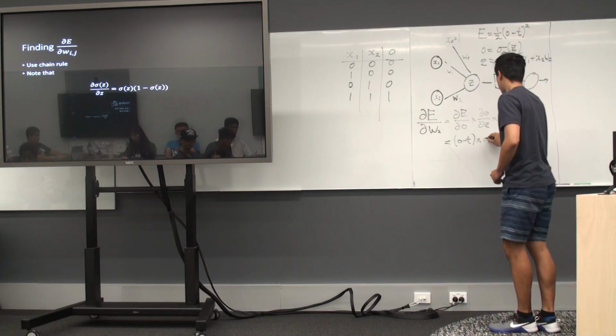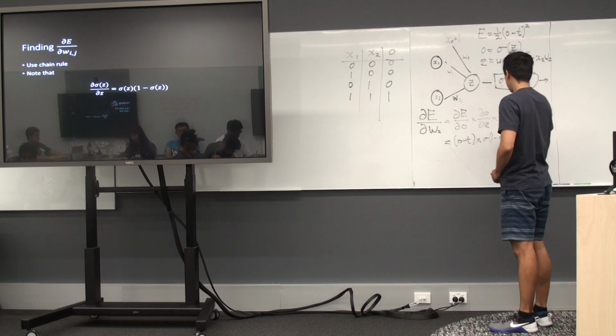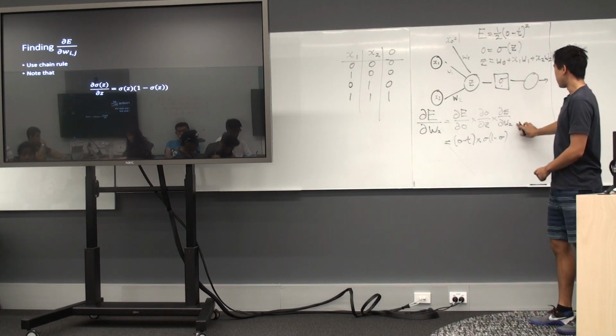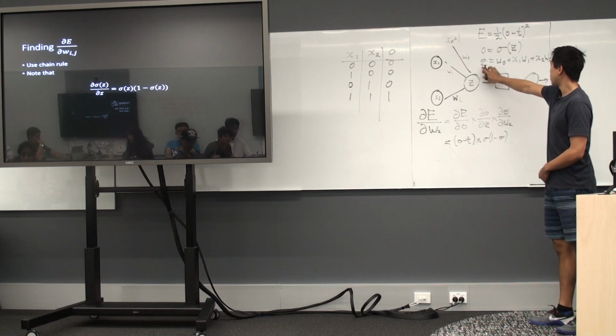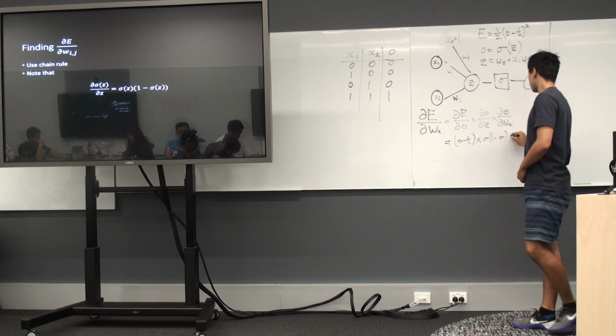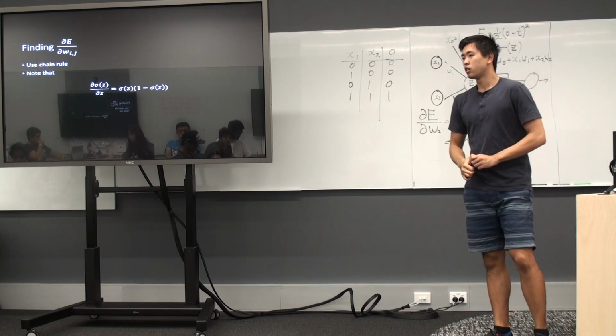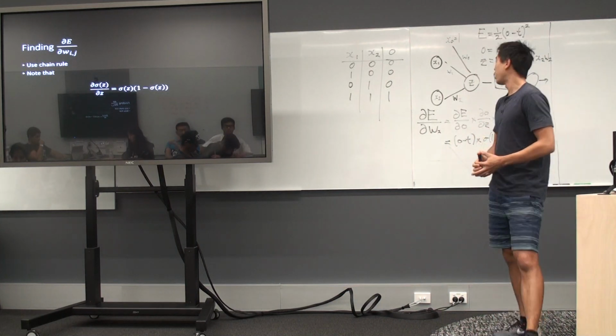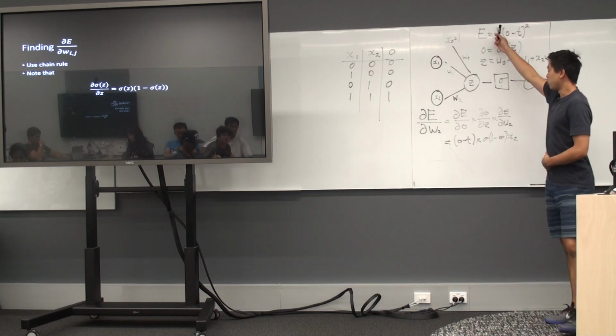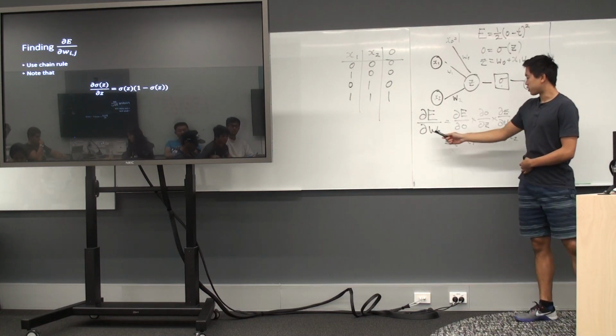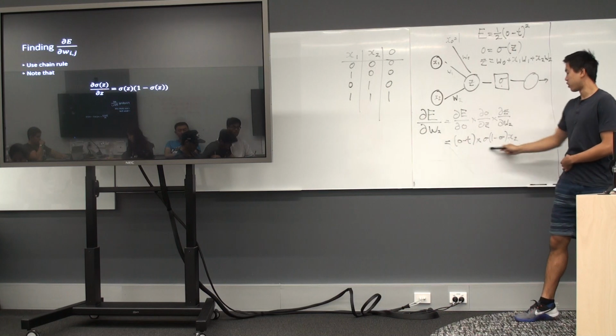So that's sigmoid times 1 minus sigmoid. And then dZ/dW2 is X2. So whenever we misclassify something, we have this error, and we want to move W2 in the negative of this direction.